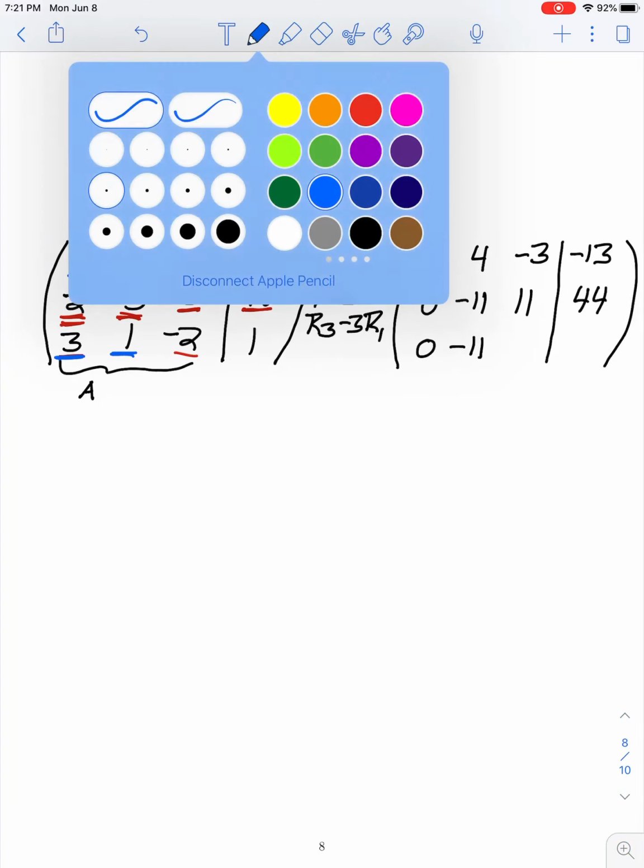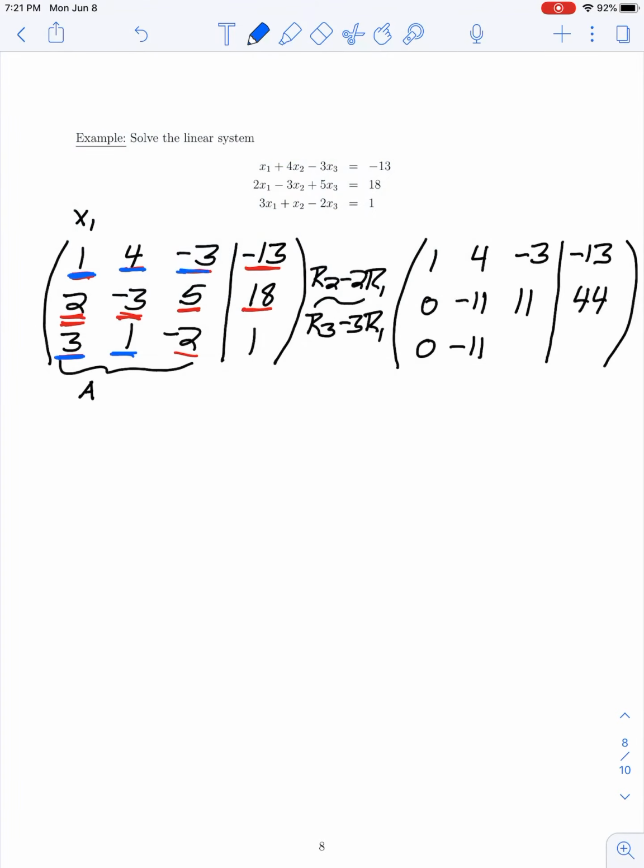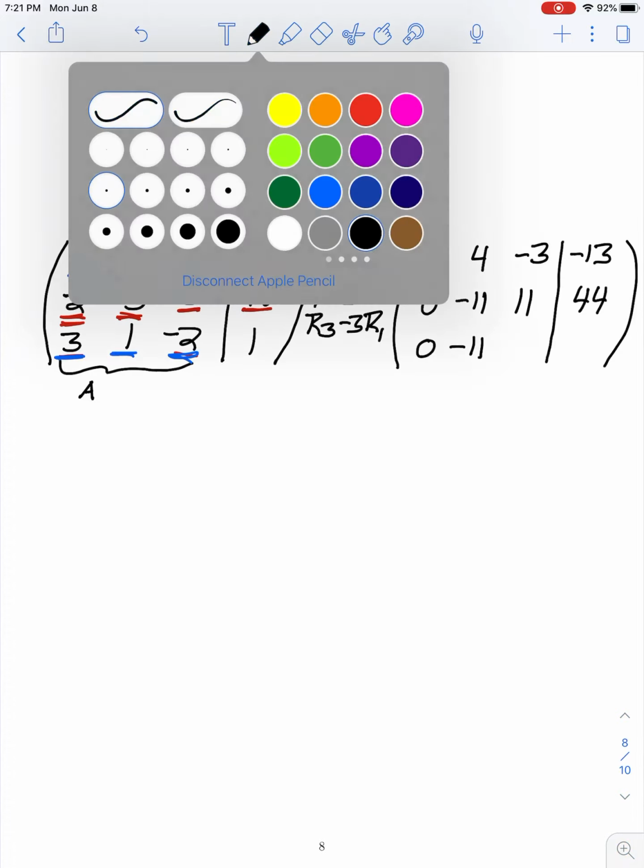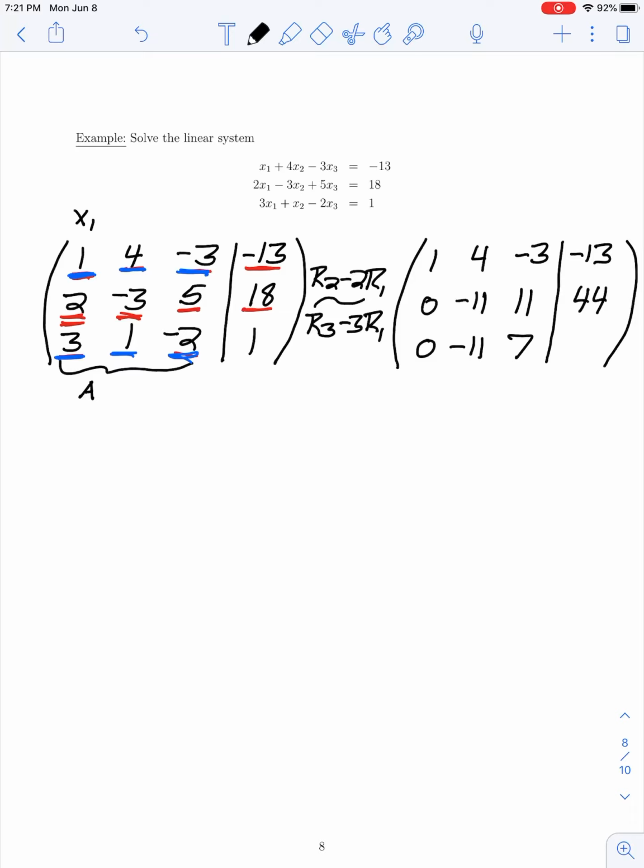And in our last column for that third row, we take -3 multiplied by -3, which gives us 9. Adding to our -2, 9 minus 2 leaves us with a 7. And performing that same operation to our constants on the right-hand side, -3 times -13 is 39 plus 1 leaves us with 40. So now my first column for this augmented matrix, x1, has exactly the form that I want.